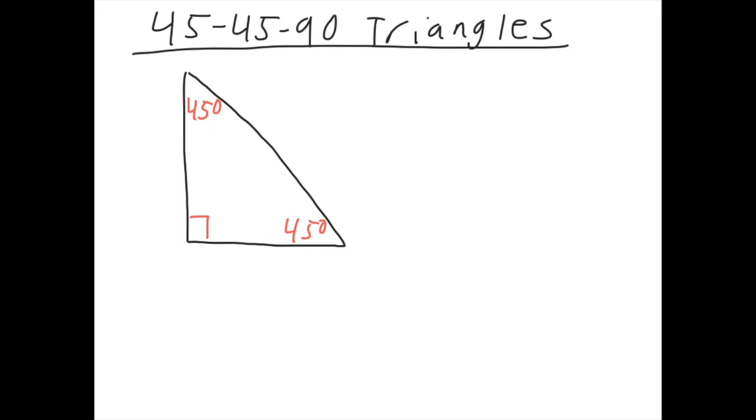So this is what's called an isosceles right triangle. Since it's an isosceles triangle, these two sides are the same. So there's no long leg or short leg in this one, they're just legs. And this is still the hypotenuse.